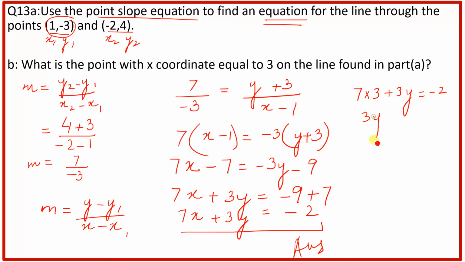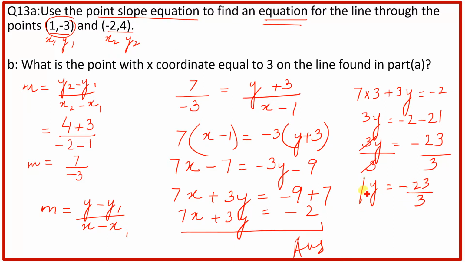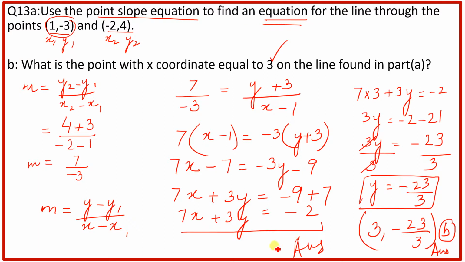So 3y equals -2 minus 21, which is -23. So y is equal to -23 over 3. So the point is, x is given in the question, which is 3, and y we have calculated, which is -23 over 3. This is the answer of our B part. This is B and this is A.